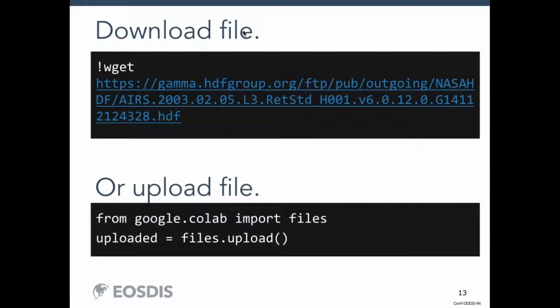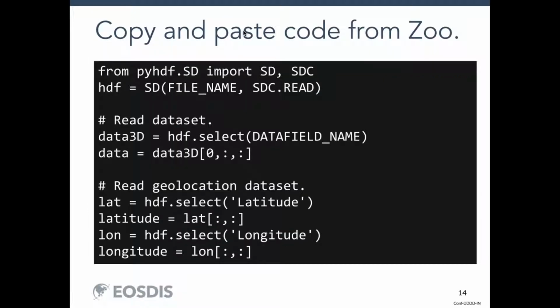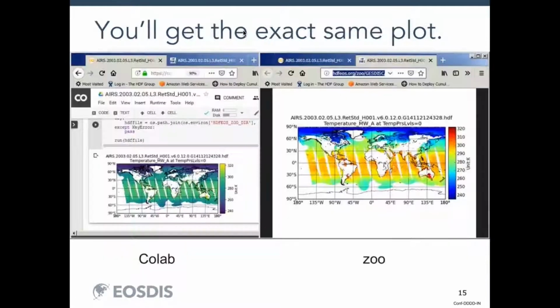Okay. But the thing is, Colab allows you to install packages using a command that starts with the bang sign. So a normal command tool like pip can be used to install PyHDF. And you can use any Linux package using apt-get.